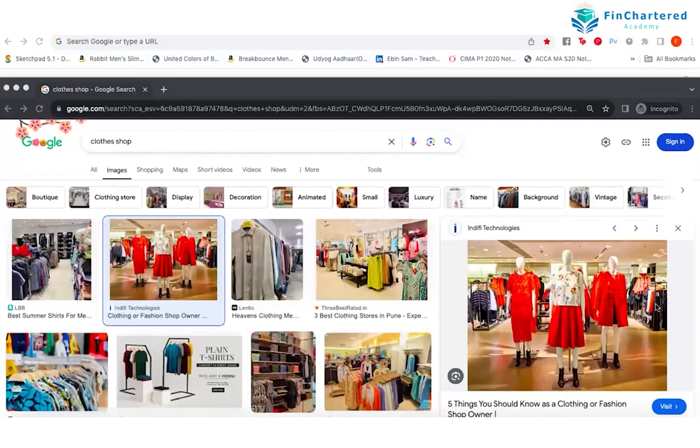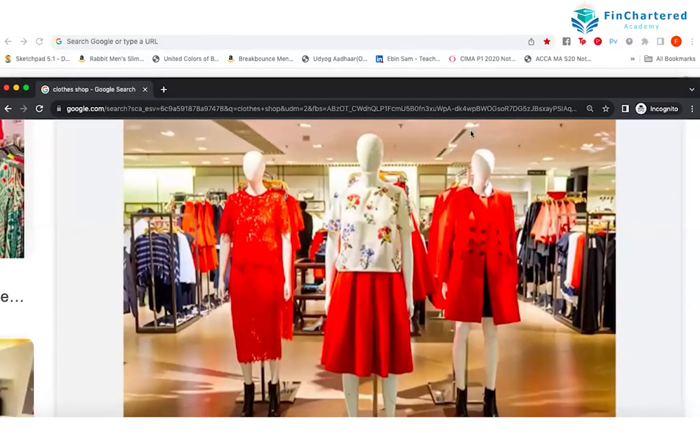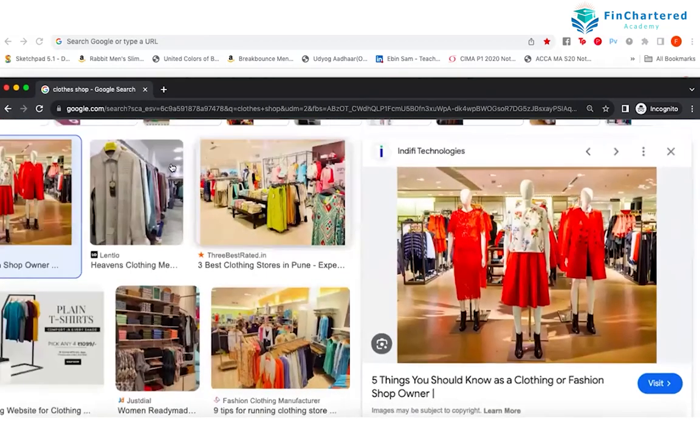Just imagine this is my shop and I'm selling these clothes. Do you think I want to sell it fast and get money, or I want to keep this for my grandchildren, and when they are born, I will give these clothes to them? I want to sell it fast. Within 1 year, as soon as possible, I want to sell it. So this is an asset which I want to keep for less than 1 year.